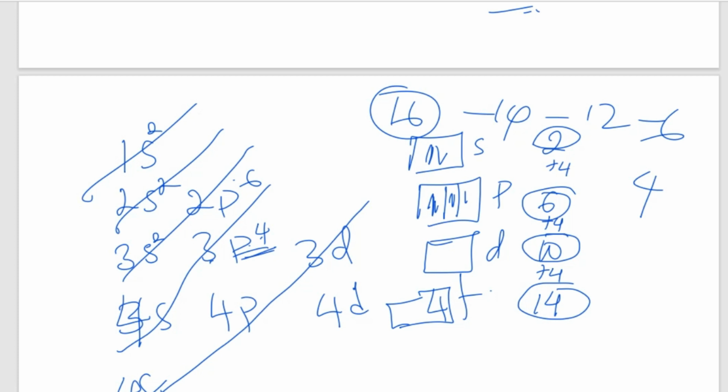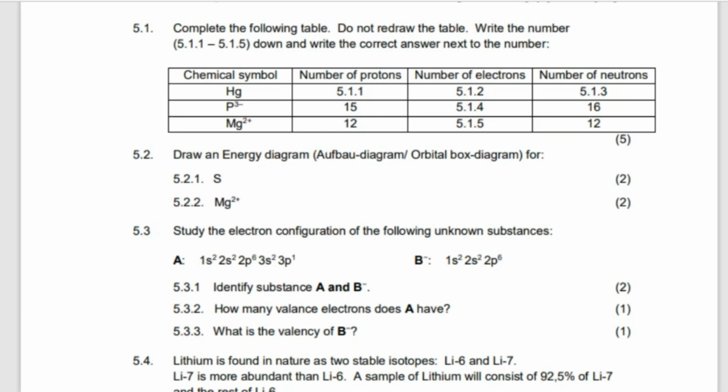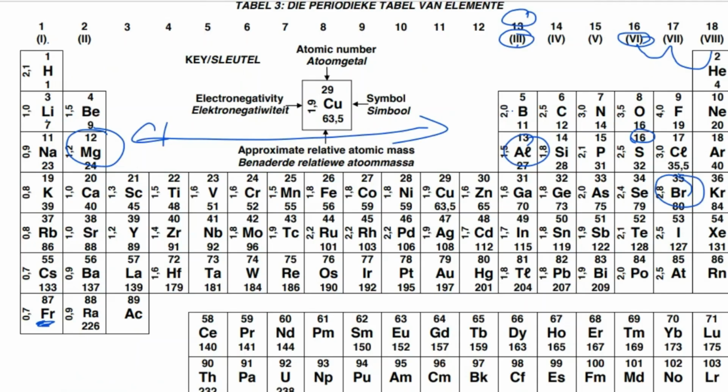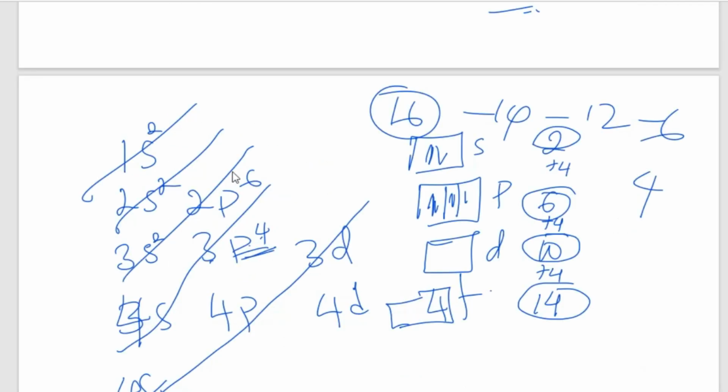Let's go and find out. Oh, this is 3. So you add the same shells: 2, 8, plus these 6. So it means that it's going to be in group 6.